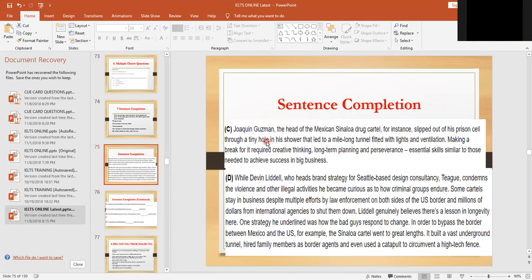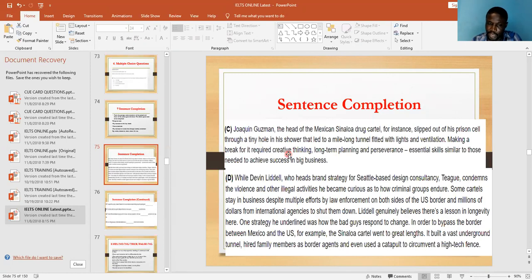Passage C is saying, Joaquin Guzman, the head of the Mexican Sinaloa drug cartel, for instance, slipped out of his prison cell through a tiny hole in a shower that led to a mile-long tunnel fitted with light and ventilation. It's telling you about how someone escaped from prison.